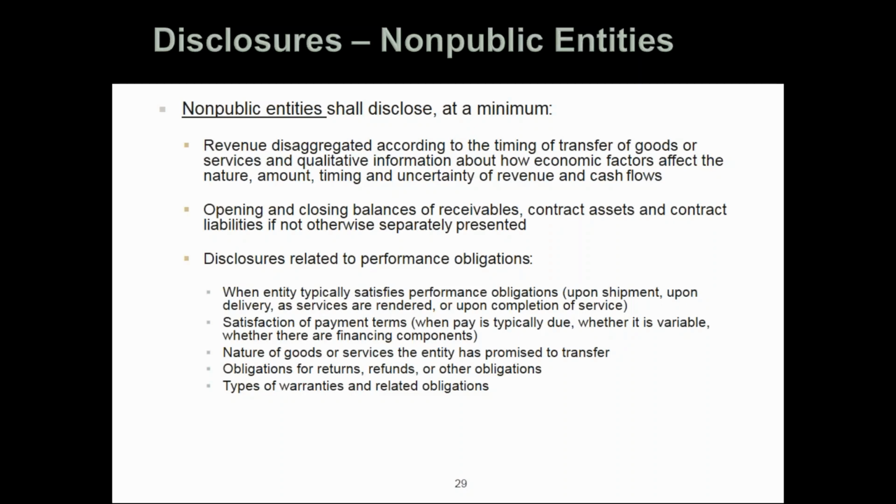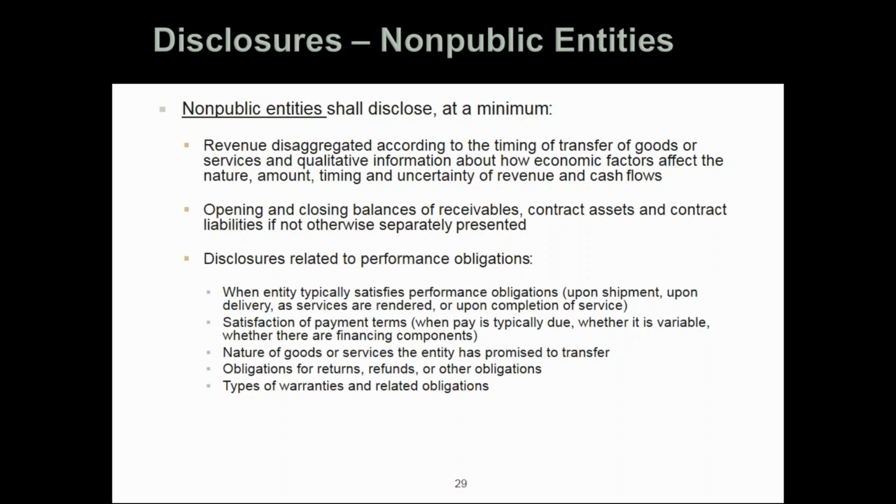There are going to be required disclosures for opening and closing balances of receivables and contract assets and contract liabilities if they're not otherwise already separately presented. And then there are going to be new disclosures related to performance obligations. So, when the entity typically satisfies performance obligations, whether it's upon shipment or delivery or as the services are rendered.